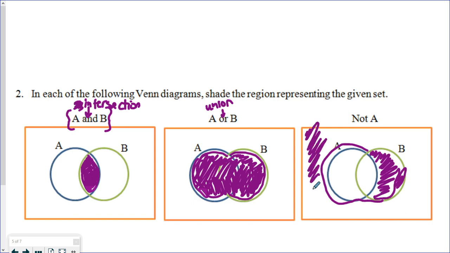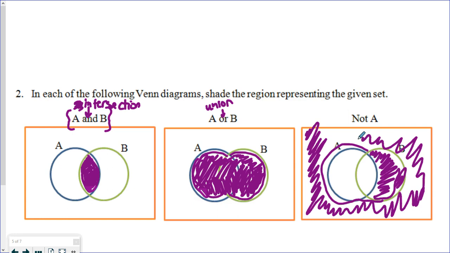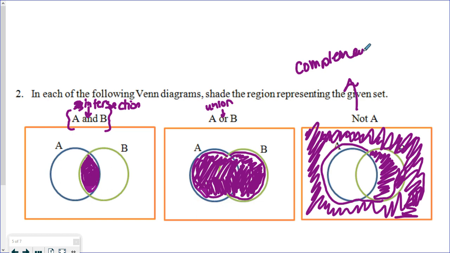So it would be everything except for the blue circle. And so you could call that not A being the complement to A. So it's anything that's not in A that is a part of the universal set.